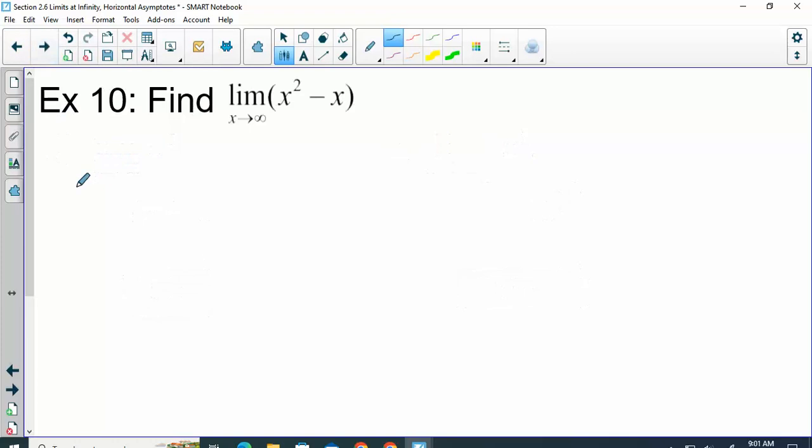What if I gave you this one? We kind of had a situation like this last week. We had one where we had infinity plus infinity, I think. And if we add two really big numbers, we know it's just going to be an even bigger number. But this time we have infinity squared minus infinity.